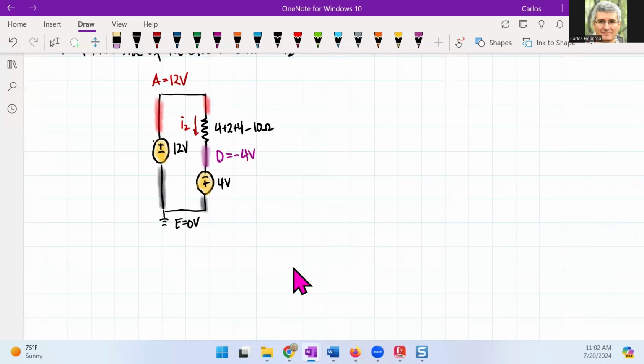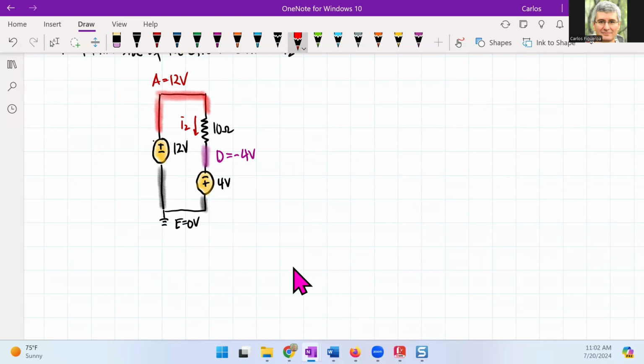And we only care about the 10 ohm resistor. There's something really interesting about the circuit here: according to voltages, I see the voltage across the 10 ohm resistor right here.